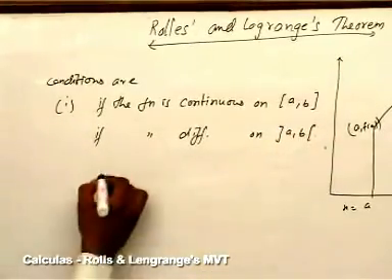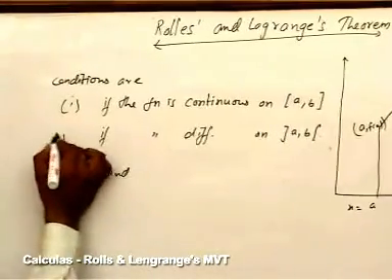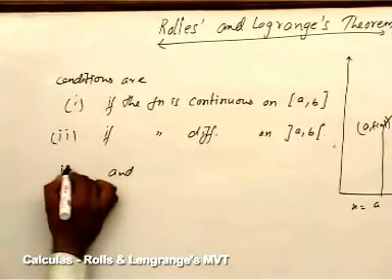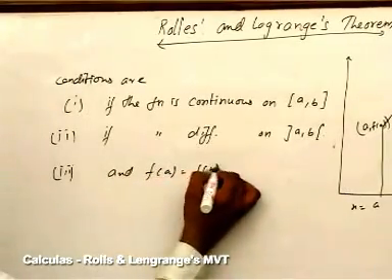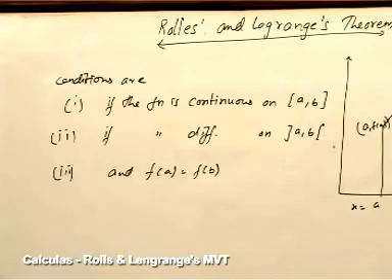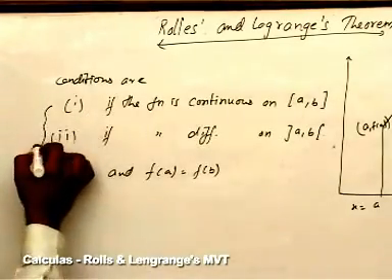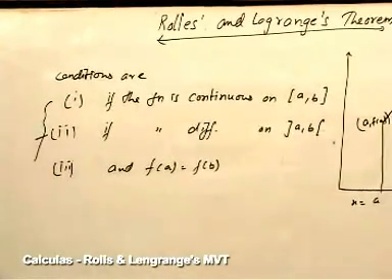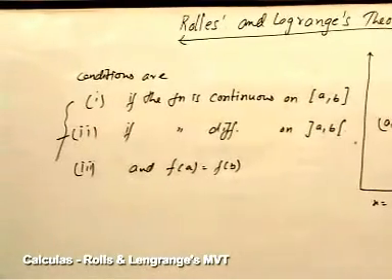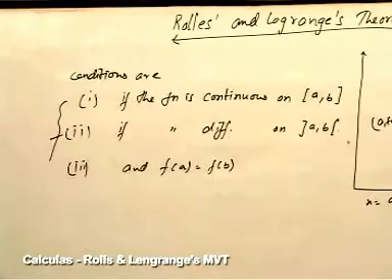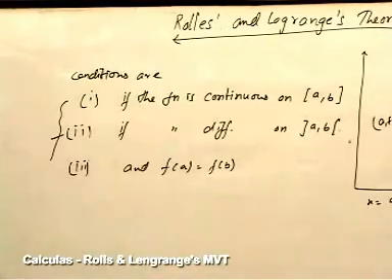And the third condition is f(a) equals f(b). If these three things are satisfied for any function over any given interval, continuous, differentiable, and the equality exists, then we say Rolle's theorem can be applied.